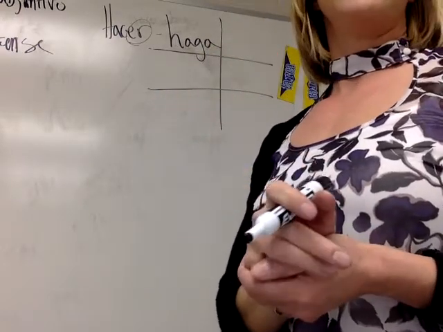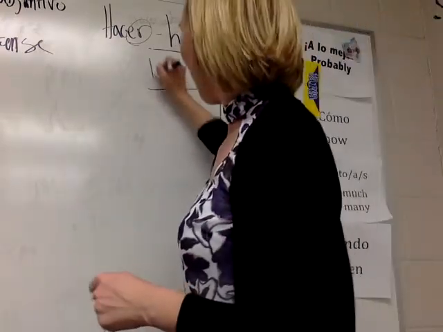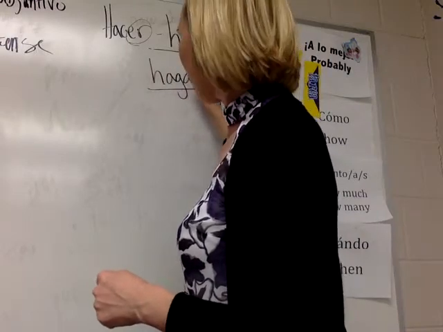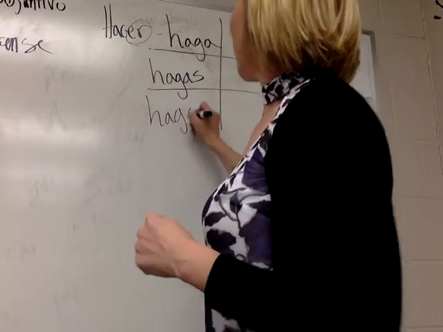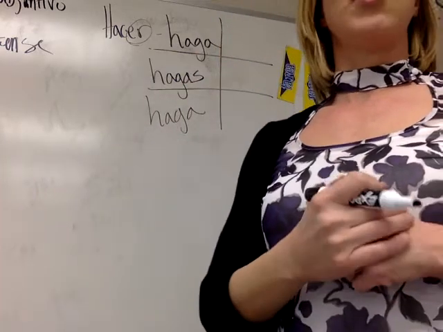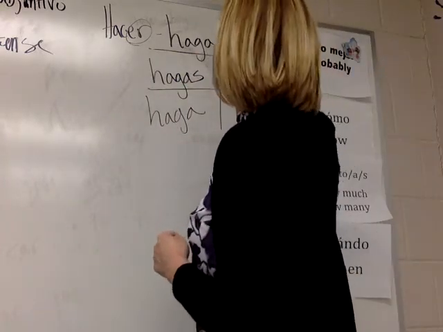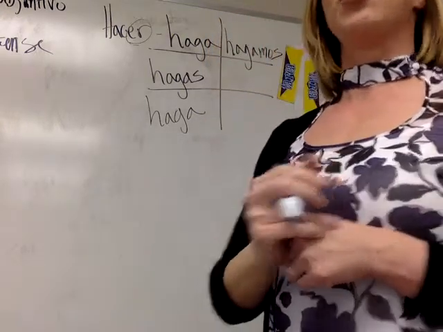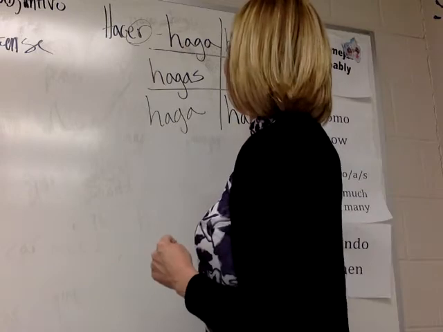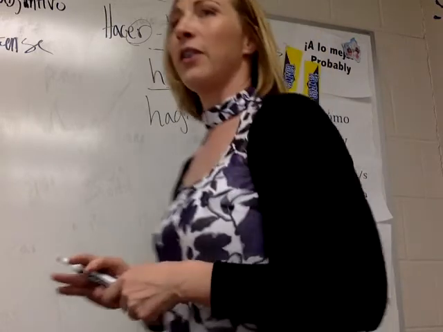What's you in the subjunctive? Hagas. Good. What's he, she in the subjunctive? Haga. What's we in the subjunctive? Hagamos. And they in the subjunctive is hagan. Very good.